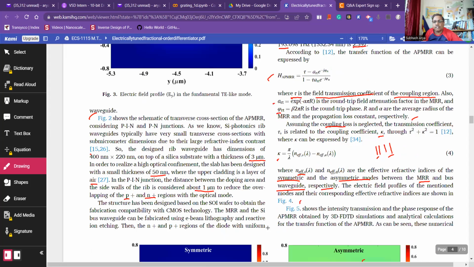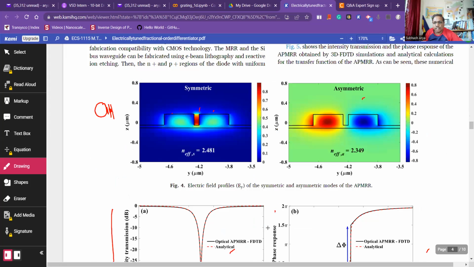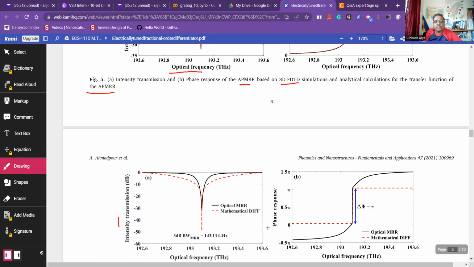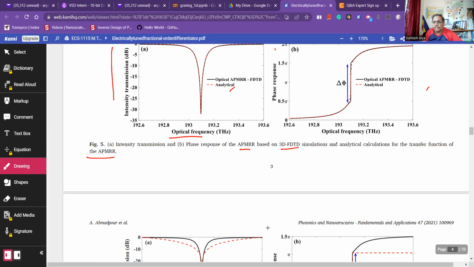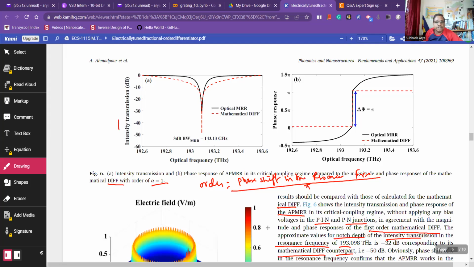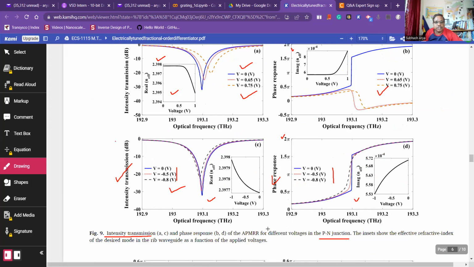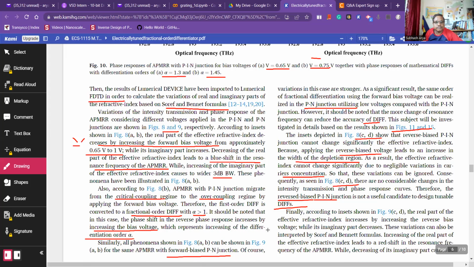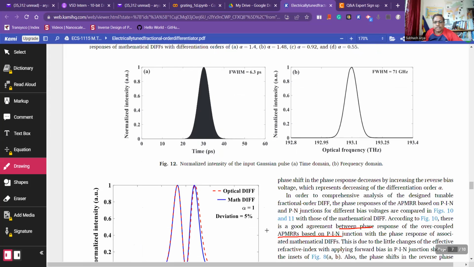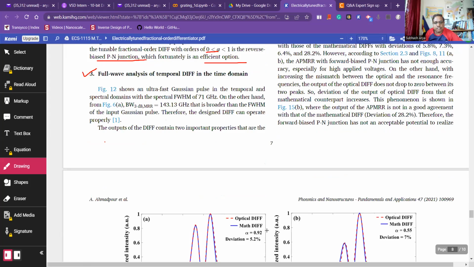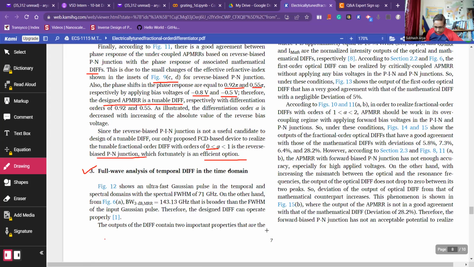There is some mathematical model, transfer function, and here symmetric and asymmetric optical modes, and the intensity response and phase response of 3D FDTD simulation, then optical frequencies versus intensity transmission and phase response, and so electrical tuning, 2.3. Then we have gone through these other devices here. So now I think this is the last section, that is section 3.